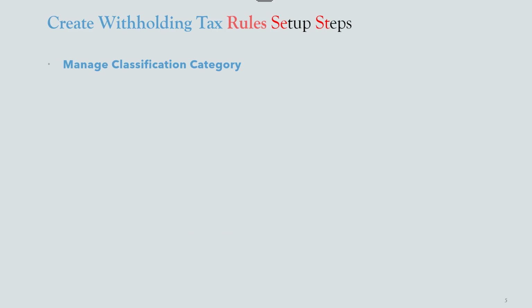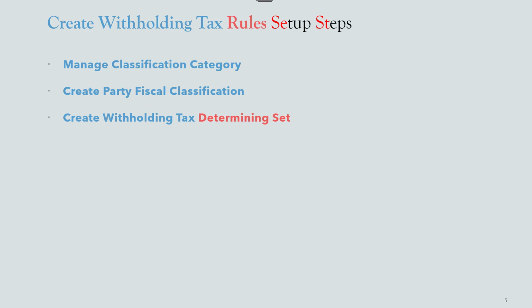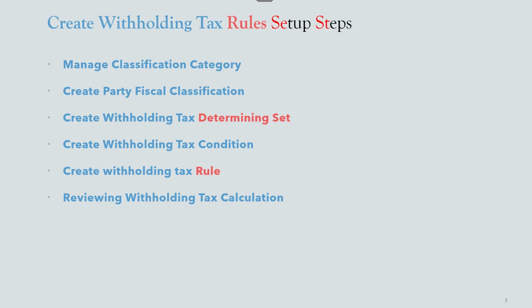Manage classification category, create party classification, create withholding tax determining set, create withholding tax condition, create withholding tax rule, and reviewing tax calculations of the withholding. Again, these rules differ from organization to organization, from one person to another. But in my case, I will follow the same steps. So let's start with manage classification category.